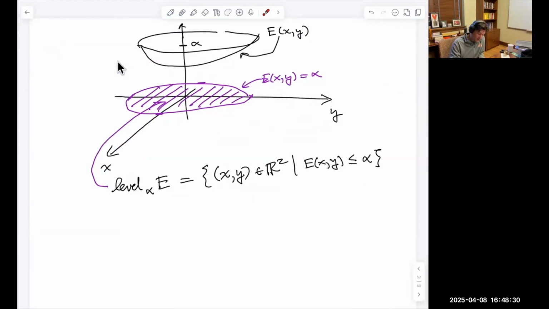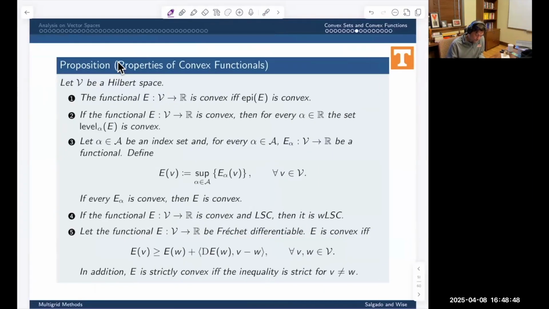Let's see, if I pick alpha down here, then yeah, there's no values of x and y such that E of x and y is less than alpha. So that would give us the empty set. But the empty set turns out by definition to be convex, okay?